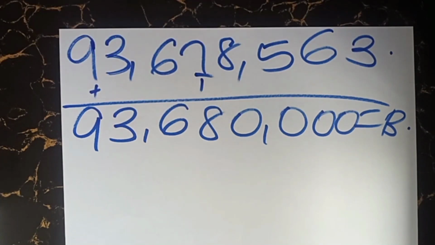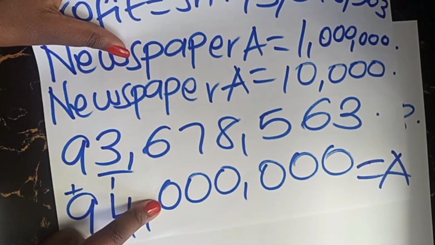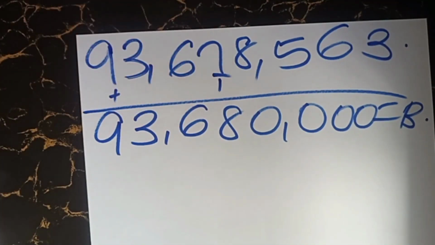This is what they got. Are we together? And the question is asking us to find the difference between the rounded off figures. So difference means subtract. So we'll subtract these two.